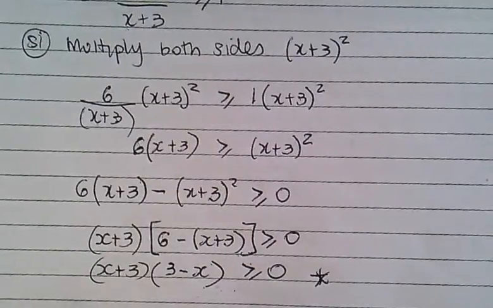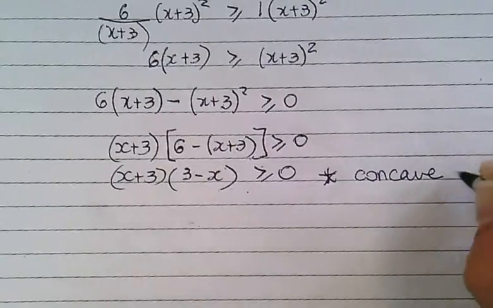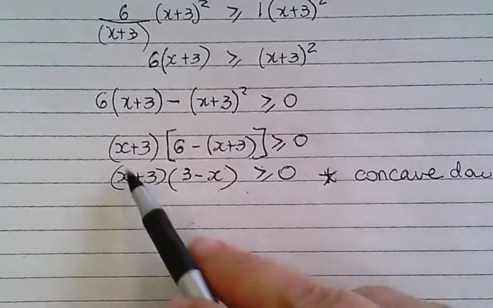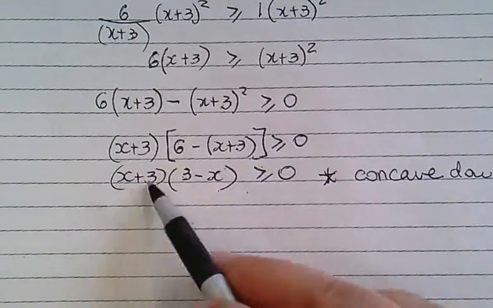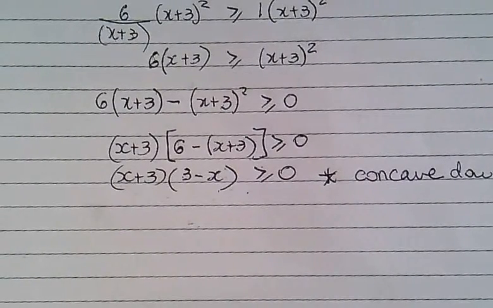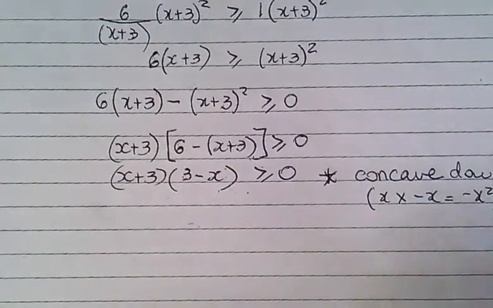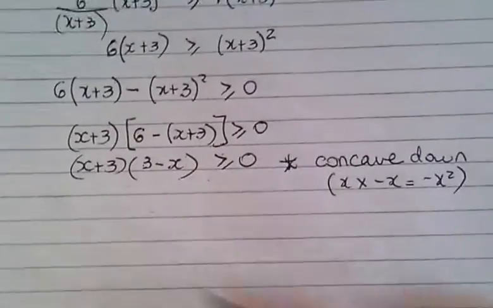This is concave down. So now I sketch it. I've got x times 3 is 3x minus x squared plus 9 minus 3x. Doesn't matter about the x's. It's the coefficient of the x squared that determines if it's concave up or down. It is definitely concave down, because x times negative x is negative x squared. So I can sketch this parabola.